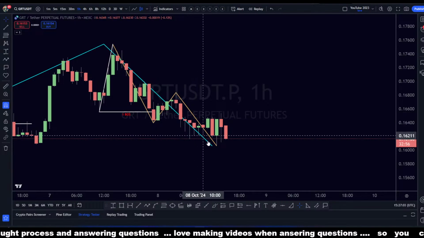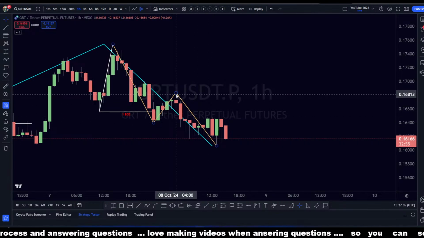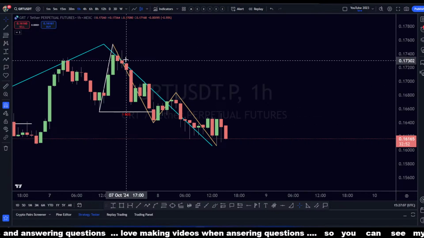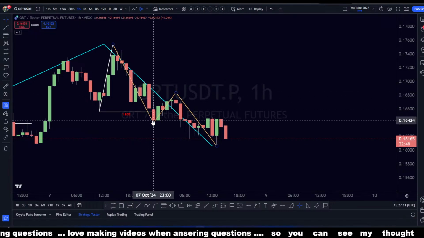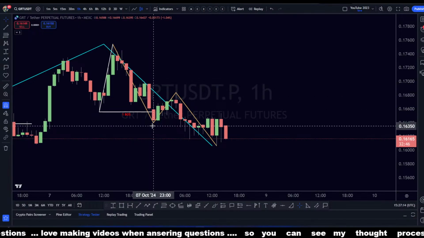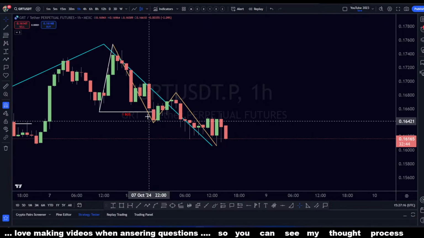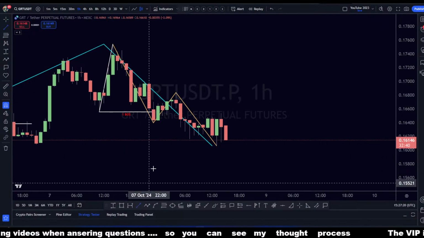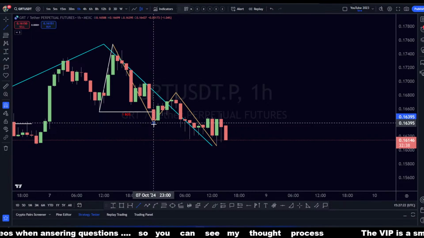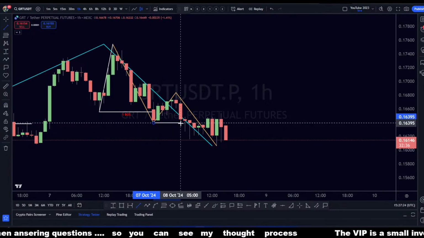because it broke below. So because it's bearish, this low, wait a minute. No. Because we have this level too. I don't know why I didn't see this.